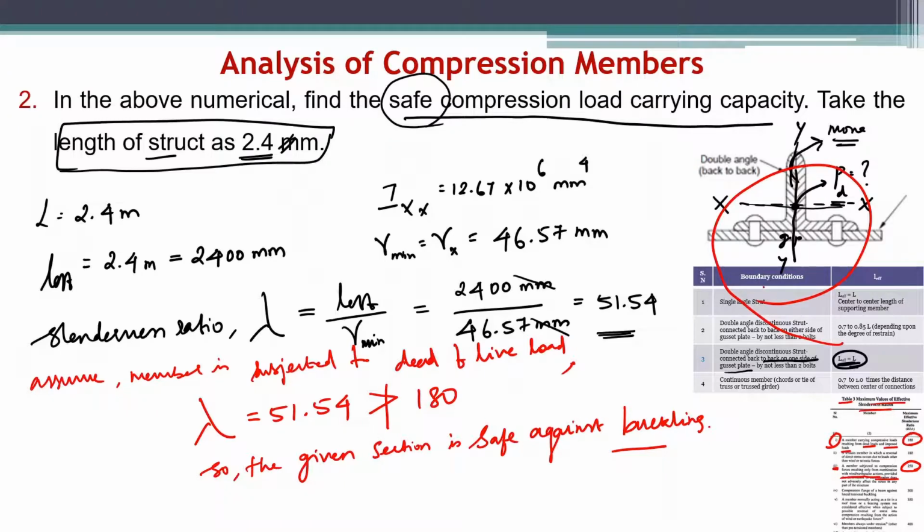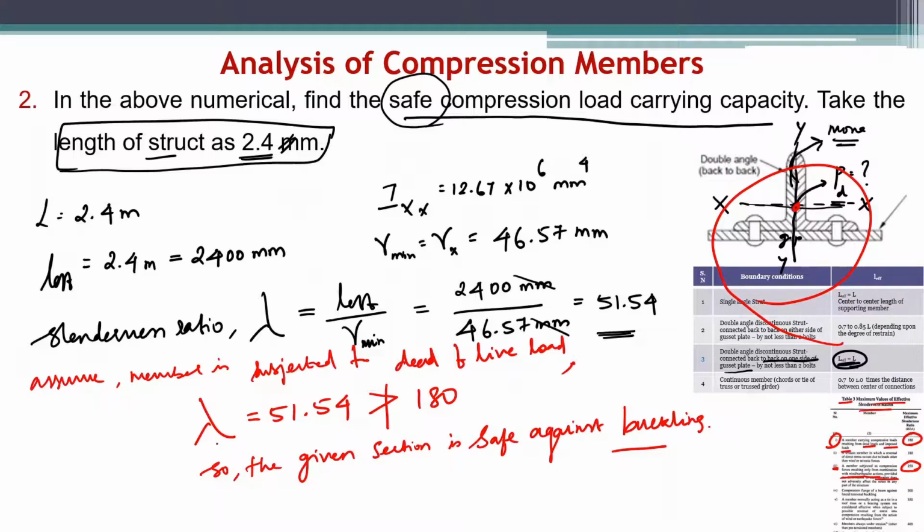Yes, if you apply a load which is more than its strength, then this column is going to buckle. But for its strength, it is not going to buckle. It is safe against buckling.